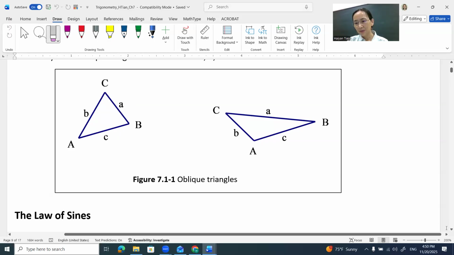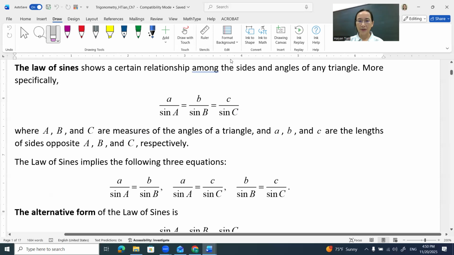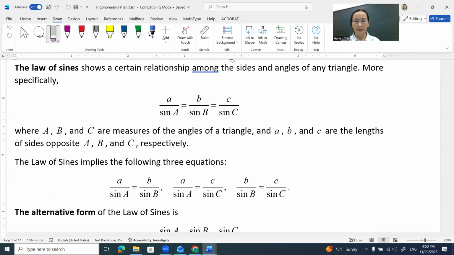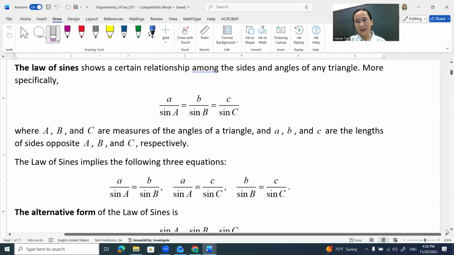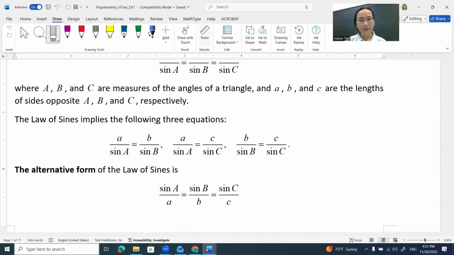All right, so we continue to use that method, and then we establish this relationship. This law of sines shows the relationship among the sides and angles of any triangle. If you look at this equation, you can flip it.